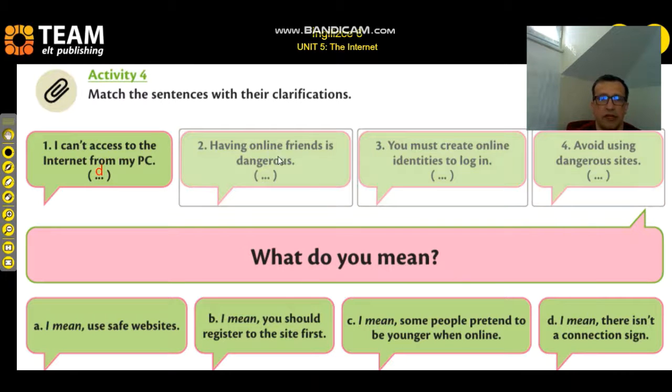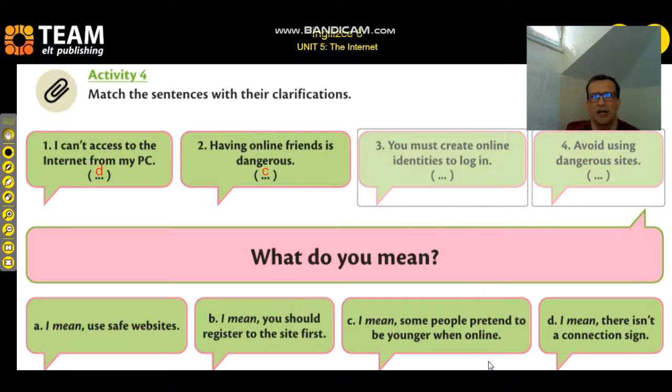Second, having online friends is dangerous. Yes, having online friends is dangerous. Yes, what does it mean when you look at these sentences? Yes, I mean some people pretend to be younger when online. Pretend to is very important word.